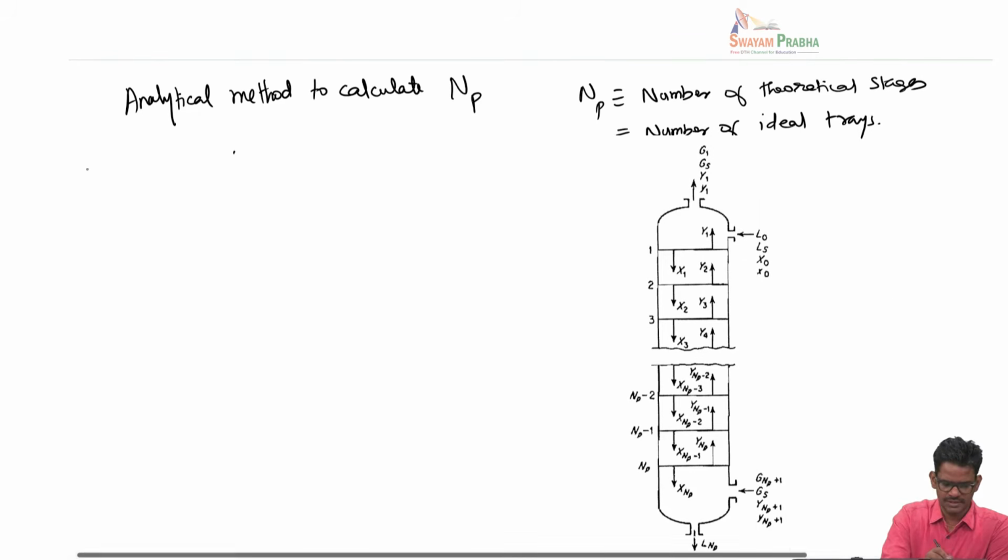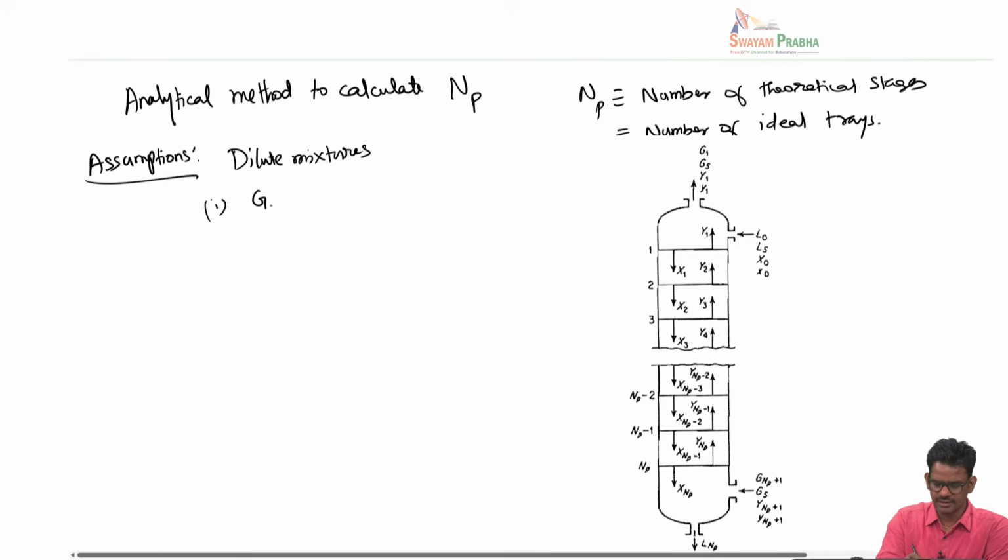The assumptions are: dilute mixtures, so that I can write G1 is almost equal to GNP plus 1, almost equal to GS.